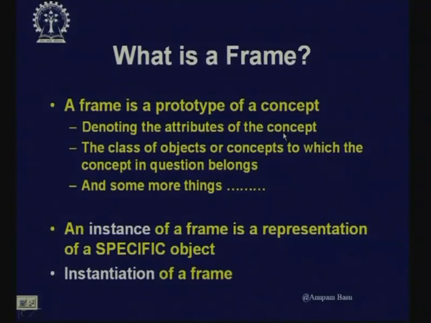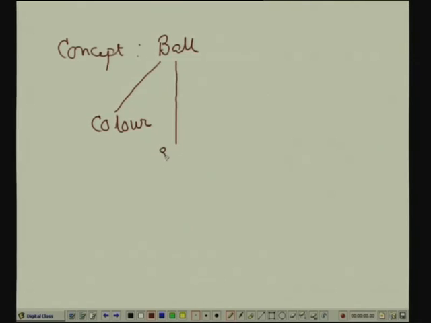Every concept that we talk of, for example, if we take the concept ball, there are so many attributes that we can specify about the ball. Maybe its color, its shape, its size or the diameter, maybe the weight, and so on and so forth.